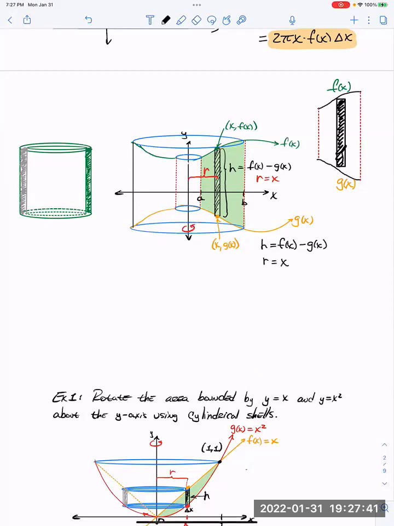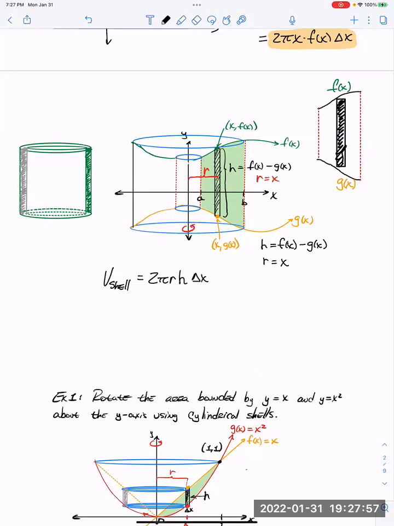Now we go back to our standard formula for the volume of a shell: remember the circumference of the top, 2 pi r, times the height, and a little thickness, delta x.